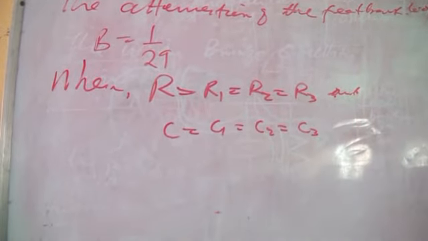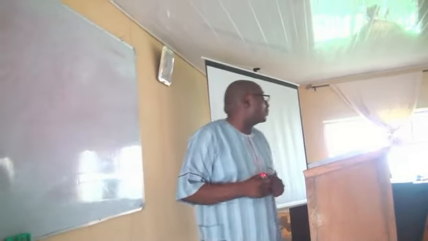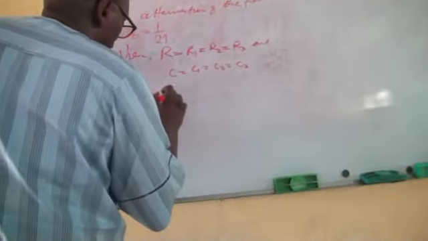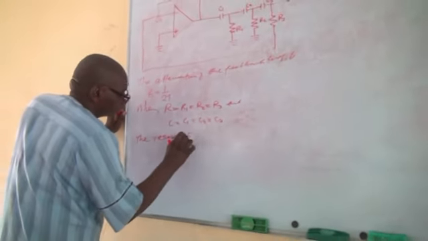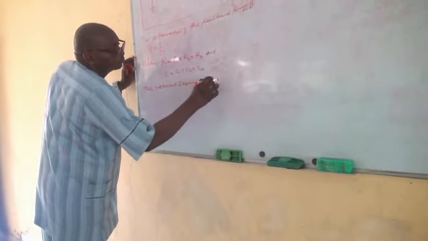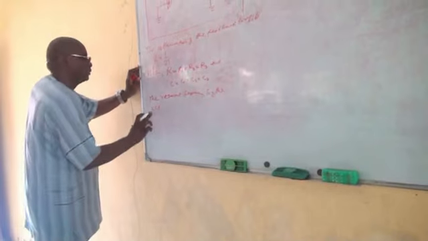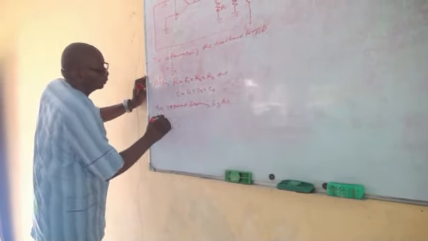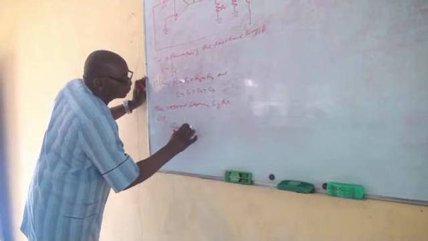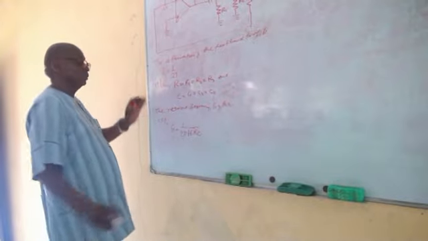The resonant frequency FR of the circuit is FR equals 1 over 2 pi root 6 RC. This is the formula.